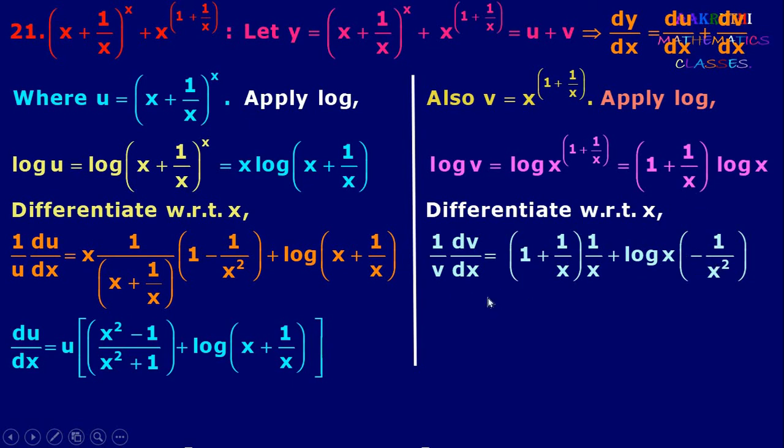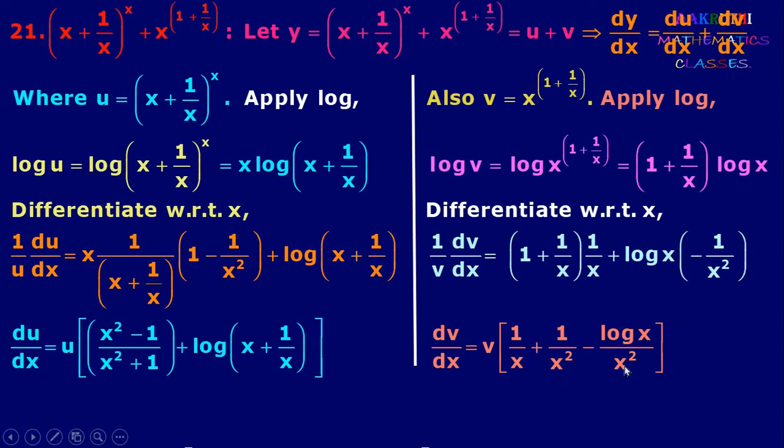Then take v to other side, we get dv by dx is v into, now multiply this, 1 into 1 by x is 1 by x, 1 by x into 1 by x is 1 by x square. And here also it is plus into minus is minus log x by x square. So we get dv by dx equal to v into (1 by x plus 1 by x square minus log x by x square).